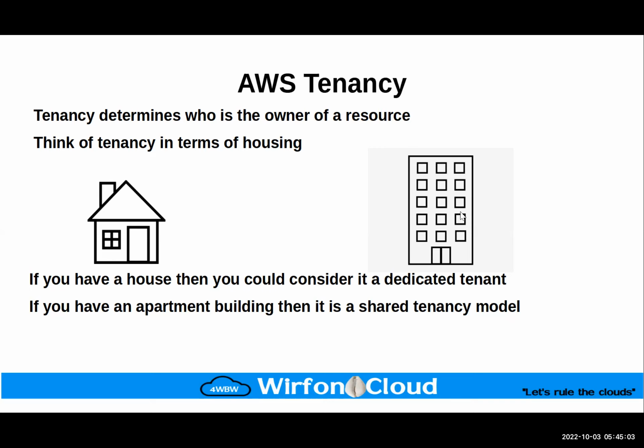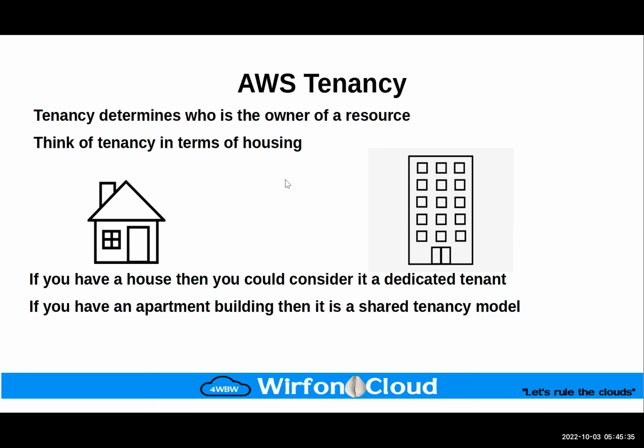If you have a house, you are a dedicated tenant. If you are living in an apartment, you have a shared tenancy model. This is how in AWS it determines who is the owner of a resource. So you're either a dedicated tenant or you share tenancy.